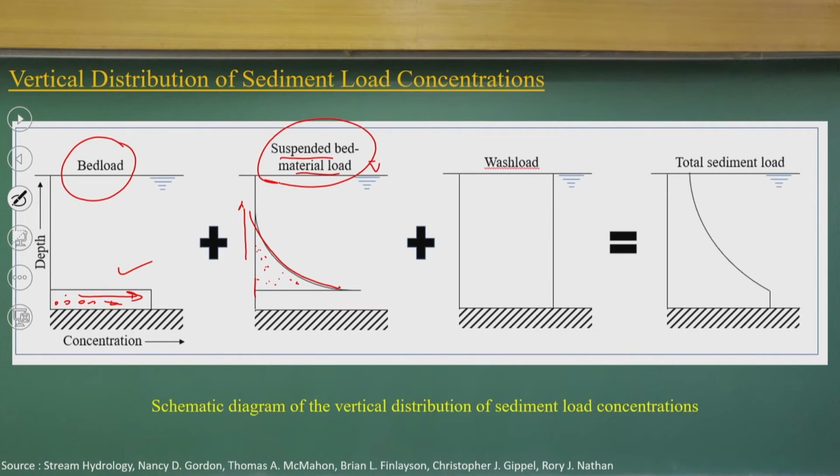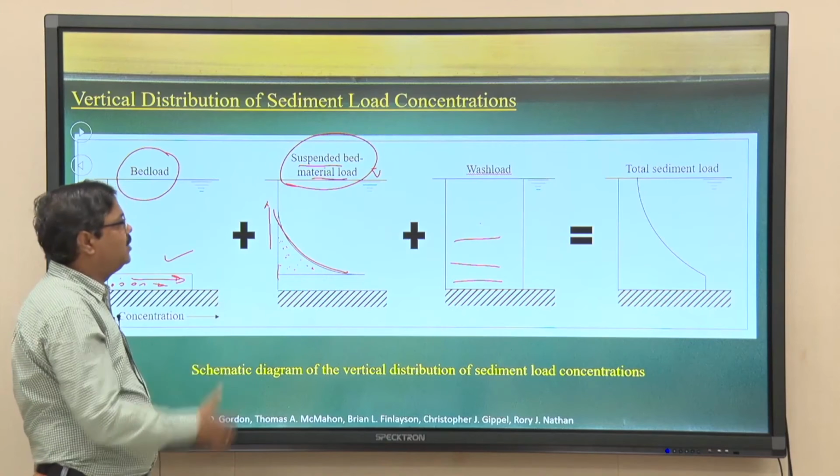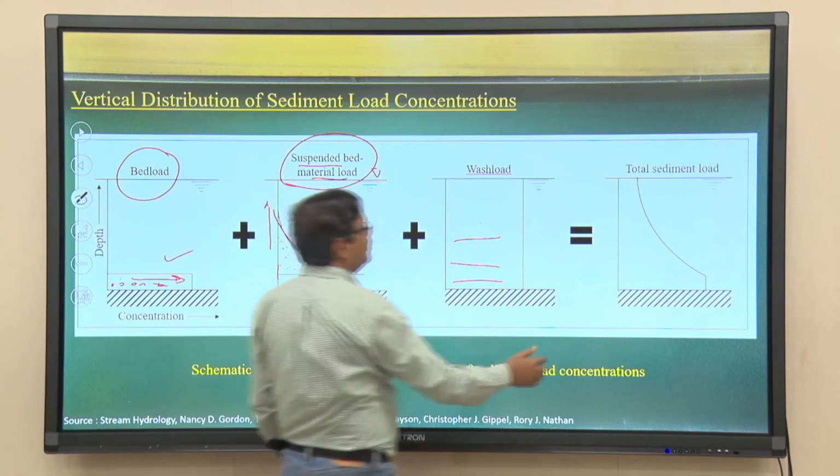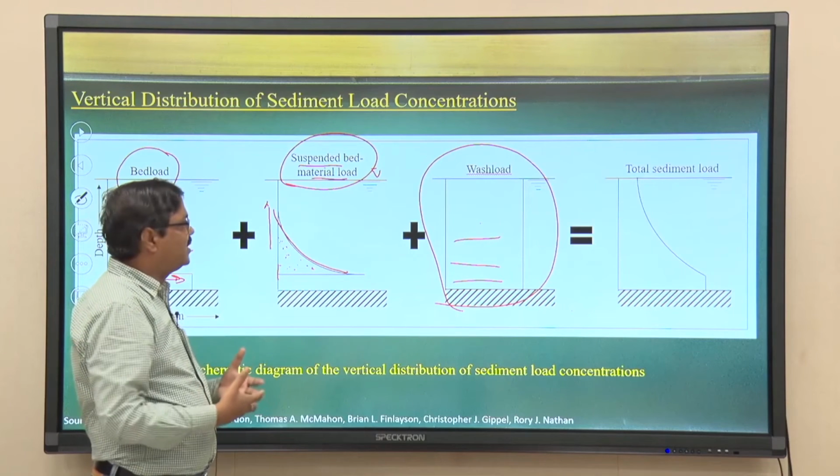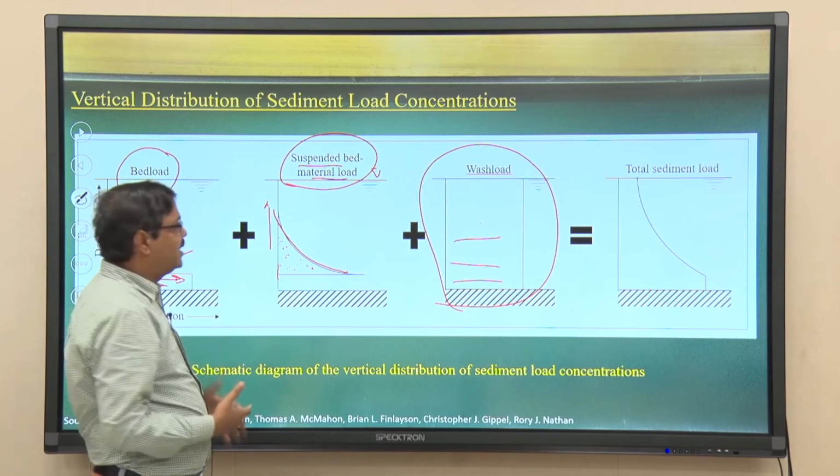And sometimes we have the wash load, which is very fine particles, very uniform throughout the depth. If you put it all together, we will have the total sediment load. In many cases we do not talk about the wash load, because it is very fine content which is not effective in terms of morphological change.